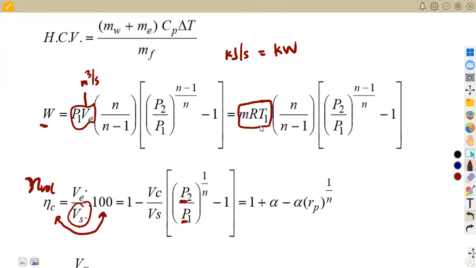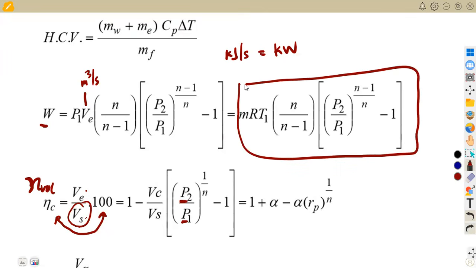This is one and the same thing. So you can use even this formula on this side here, you still obtain the same thing. All right, so in this case, I'm just going to relate to the first one, but take note that your effective volume is supposed to be in cubic meters per second, so that we obtain kilojoule per second, which is equal to kilowatt.